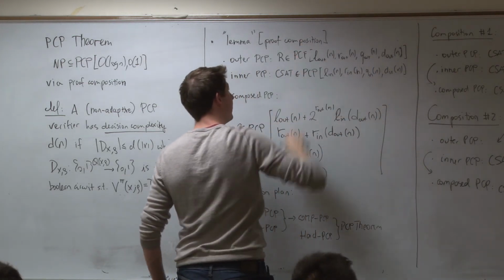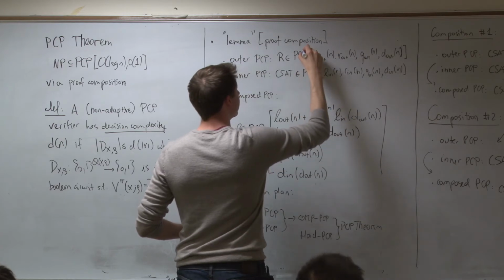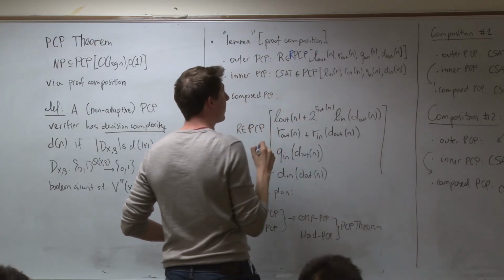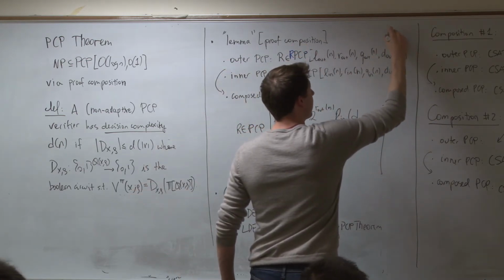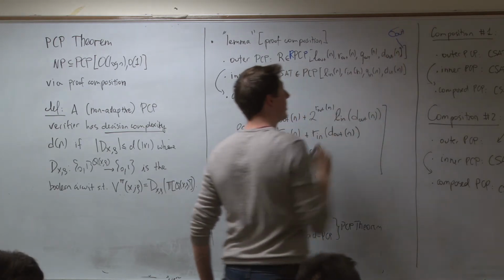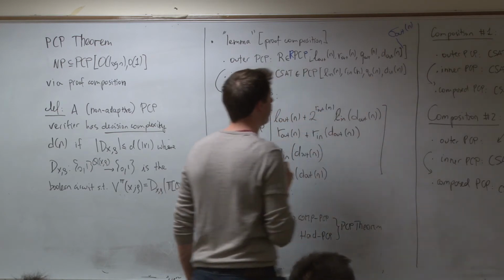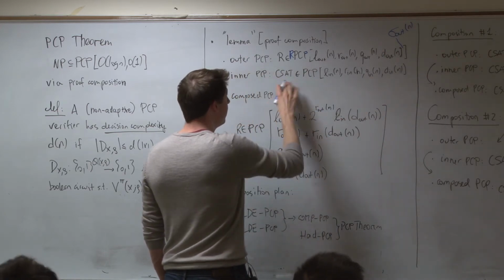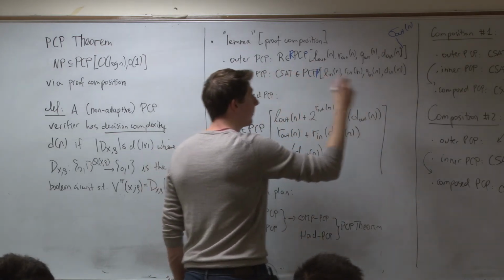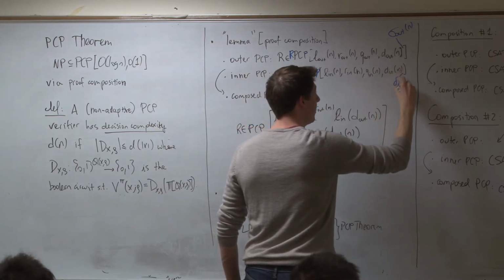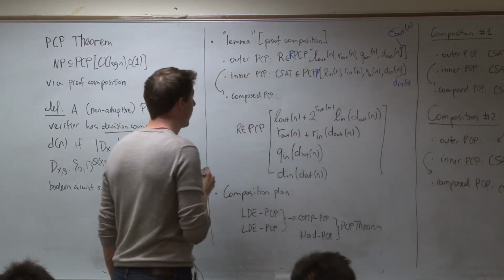So the RPCP needs to be a robust PCP, right? And it has a certain robustness parameter, S out of n, right? The inner PCP will be a PCP of proximity with a certain proximity parameter, right?